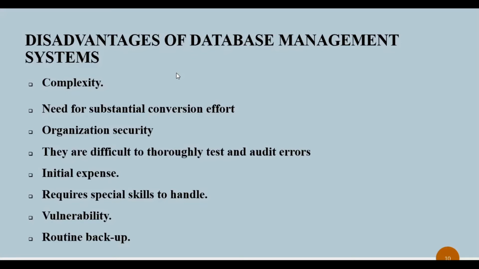And then we also have what we call vulnerability, something being vulnerable. If we talk about something being vulnerable, it means you are prone to attacks from external forces. If your home is not fenced, then your home is vulnerable to thieves. So the vulnerability of data in the case of database management systems is in the line of data being exposed to software and hardware failures, data being exposed to sabotage, theft, destruction, and virus attacks.